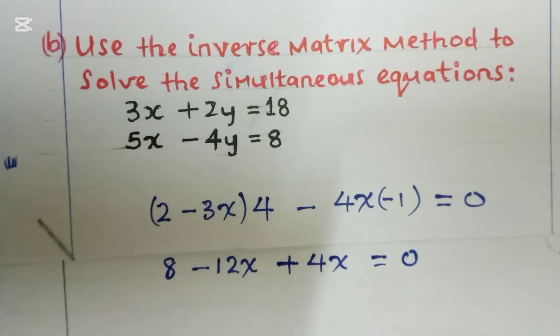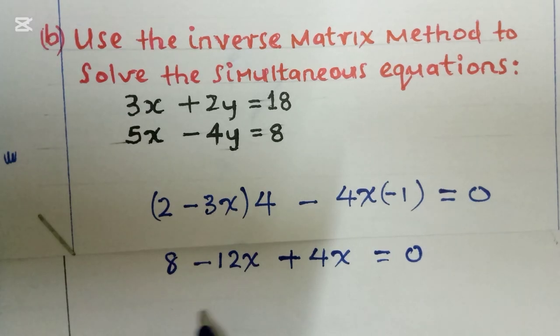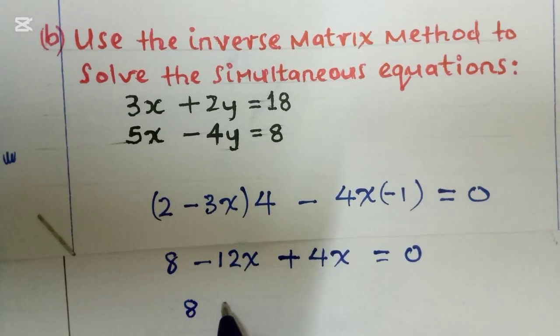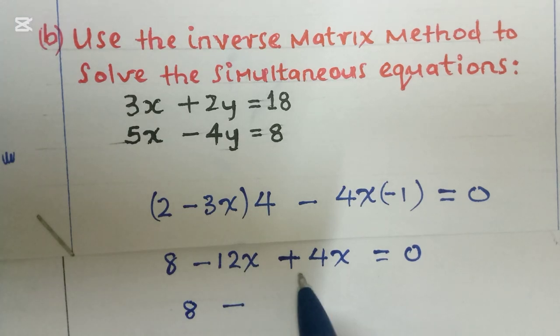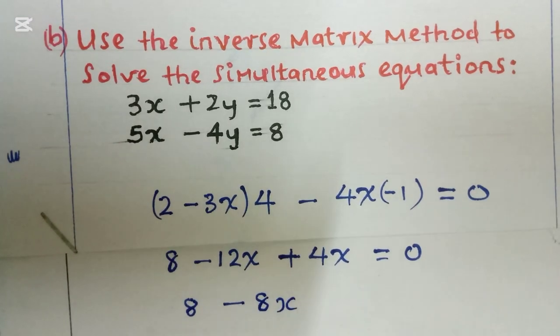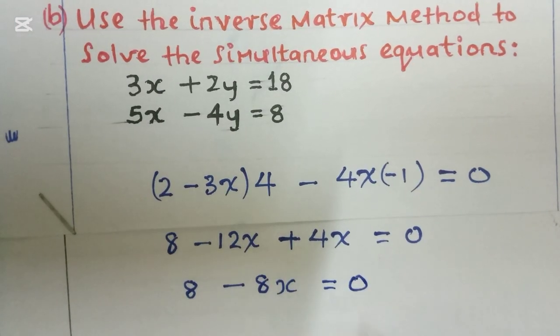So from there guys, we are going now to solve this simple equation, which now comes to 8 minus 12x plus 4x, that will give us minus 8x, like that. So this one is equal to 0.